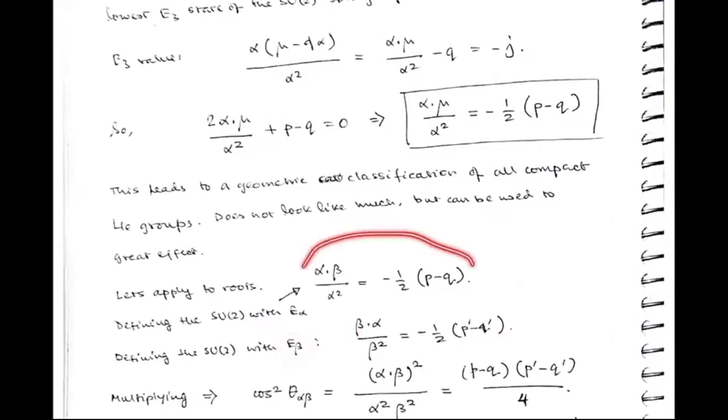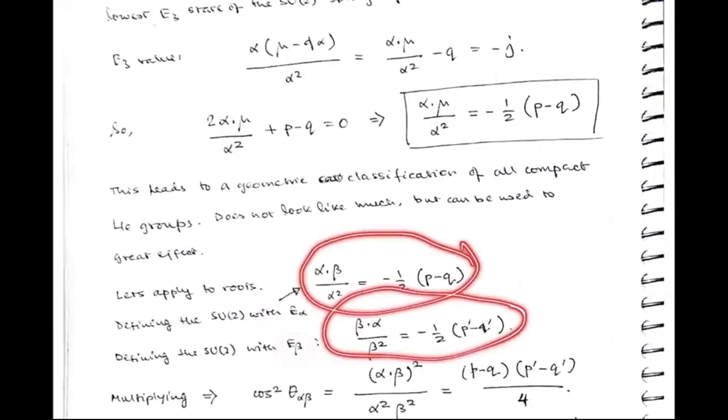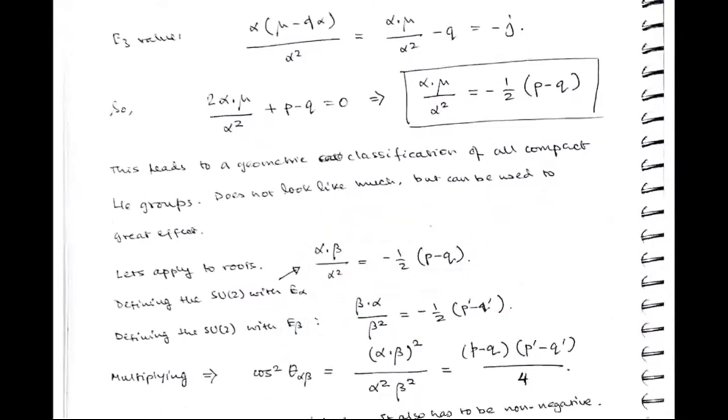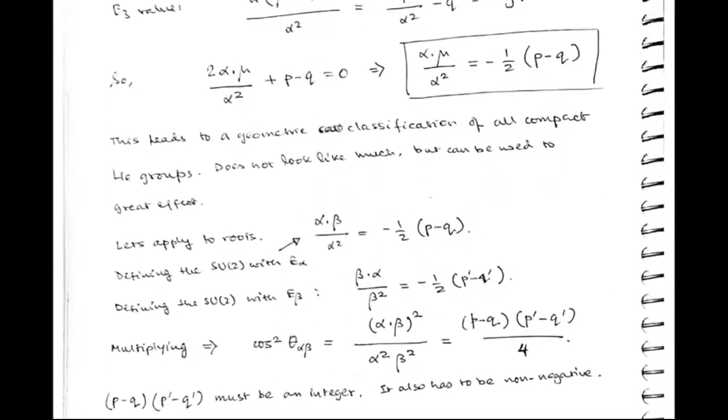Now you take this and you take this and you just multiply the two, right? If you do that, then this is pretty remarkable. Remember that these are two vectors, and so alpha dot beta gives the angle between the two roots alpha and beta.